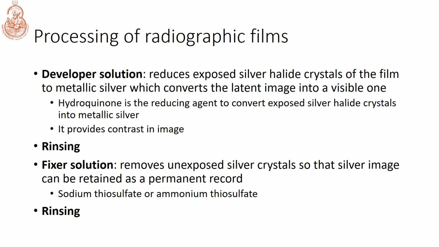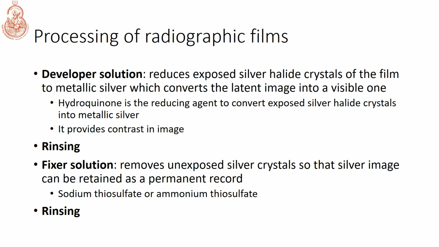In the process of developing, the actual chemical process that happens is that it reduces the exposed silver halide crystals of the film to metallic silver, which converts the latent image into a visible one. If somebody says that I am developing the X-ray radiographic film, it means that he is reducing the exposed silver halides to metallic silver.